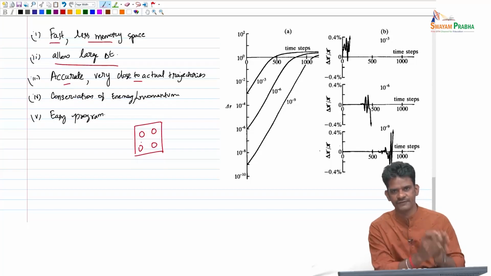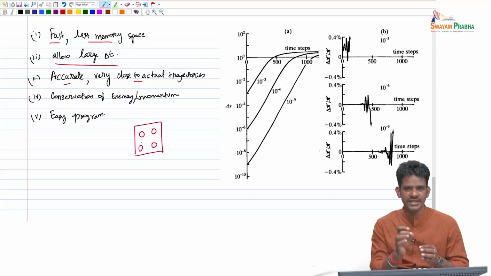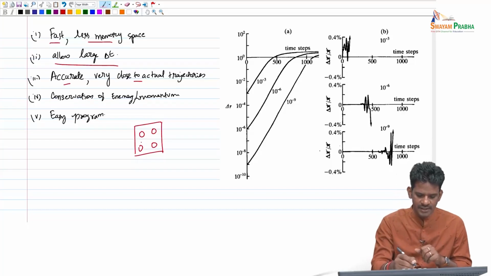So, first there is a reference simulation, and then we repeat the same simulation, but initially changing the particle positions a little bit.